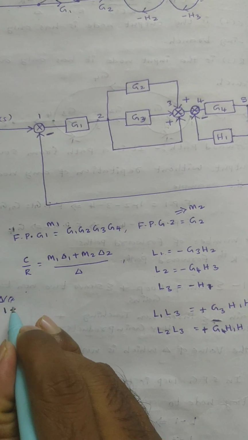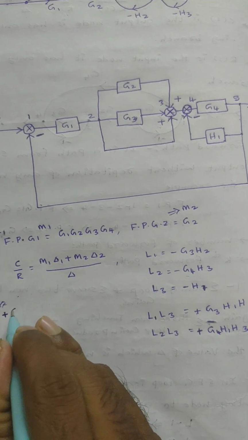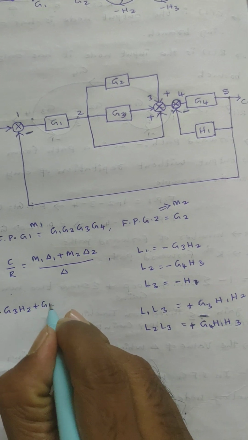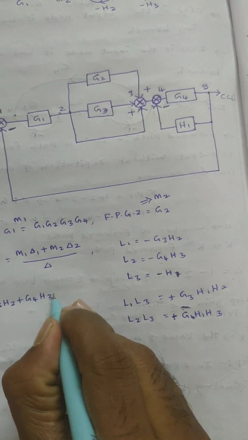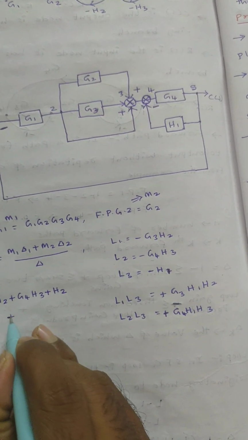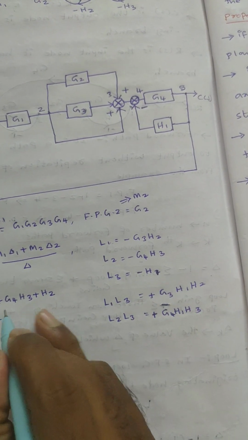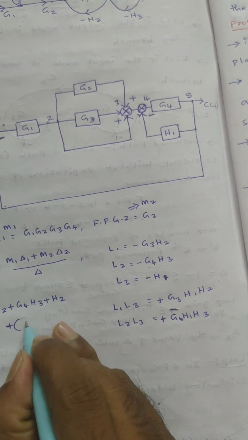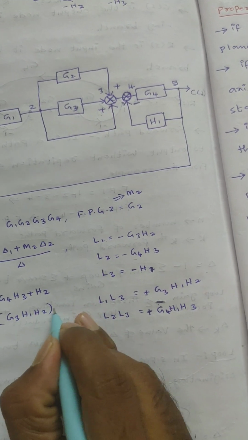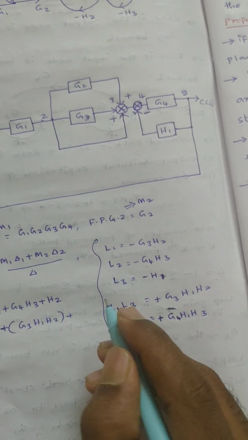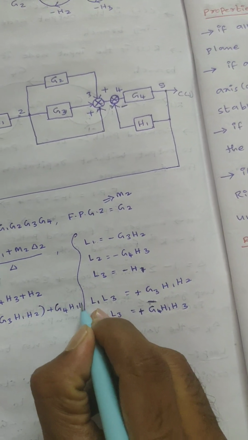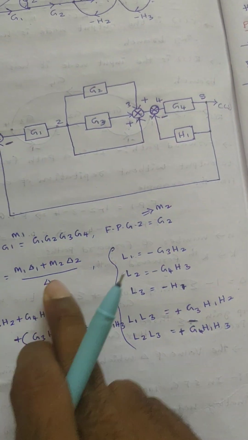Minus of minus you will get plus. Loop 1 value will be G3 into H2. Loop 2 value will be G4 into H3 plus H2. After that, plus the product of two non-touching loops, that is G3 into H1 into H2 plus G4 into H1 H3. This is delta, right?